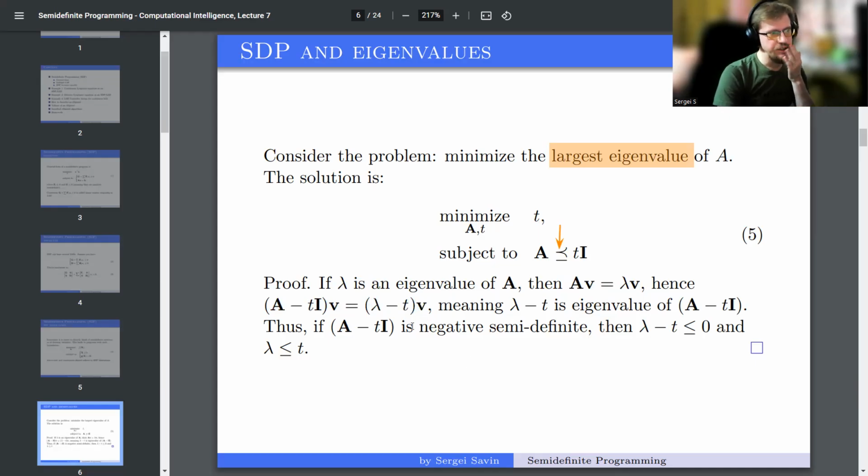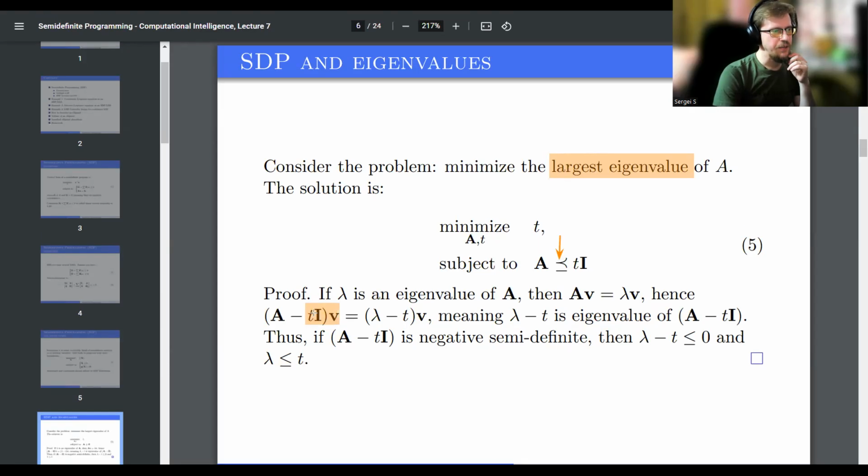Where did this come from? Well, what is T times I times V? This is just T times V, because the identity doesn't do anything here. So this whole thing is just T times V with a minus sign. And what is this thing here? It's again T times V with a minus sign. So we just subtracted some T times V from both sides. We didn't do anything.